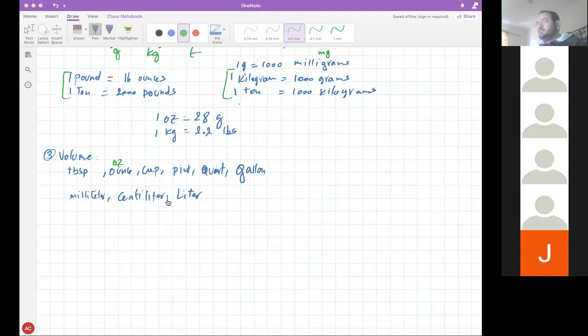Let's see if there's an abbreviation for cup, or do we just write the whole word? I don't think there is a symbol for cup.